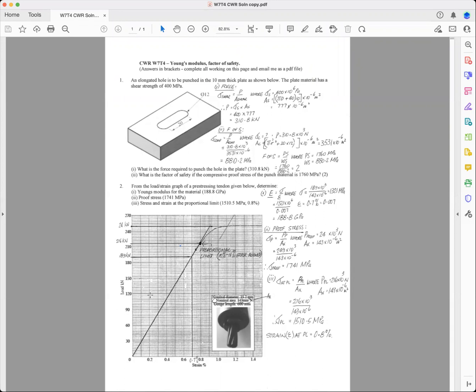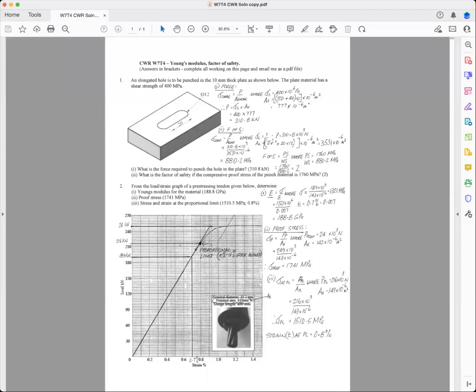And BHP or Lysart, whoever it was, just did it as a load strain diagram. And so if you want to convert this to stress here, all you have to do is divide these values here by the nominal area.